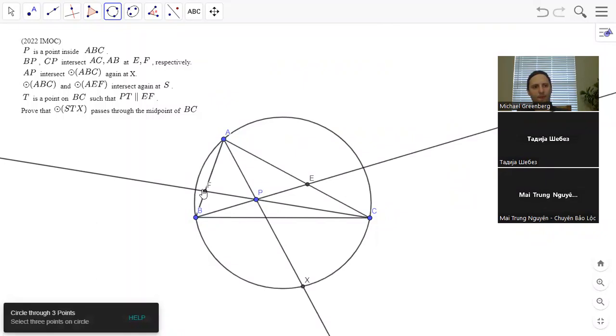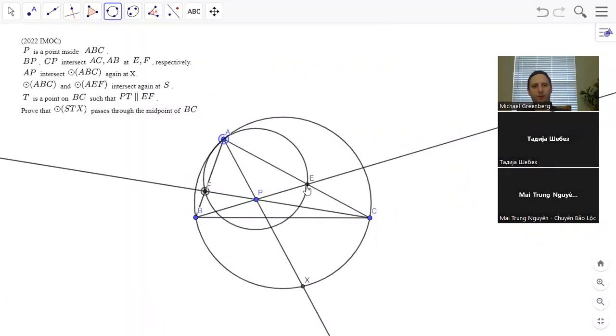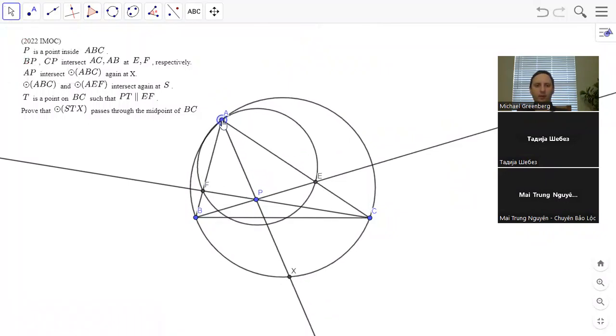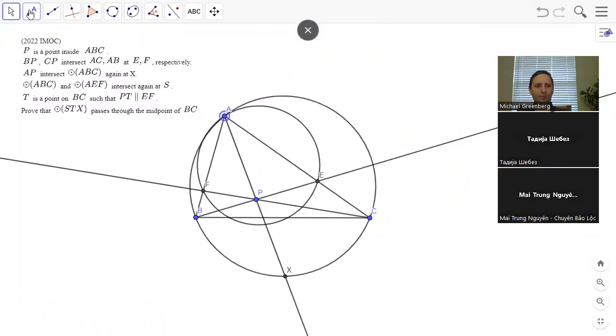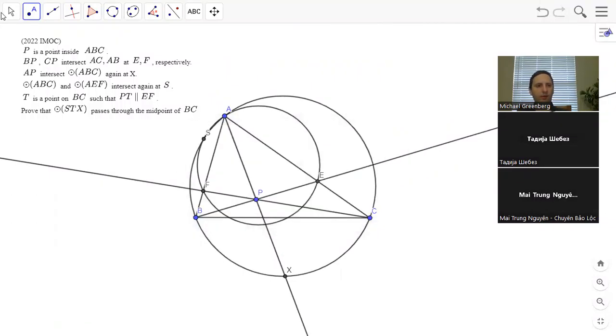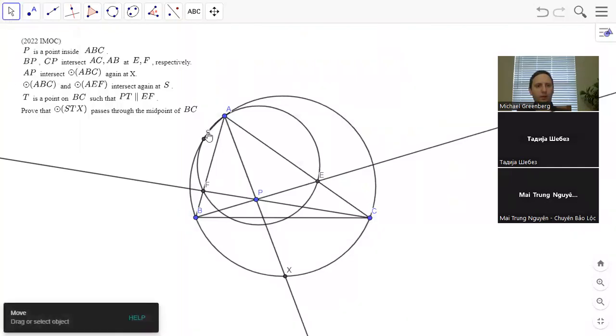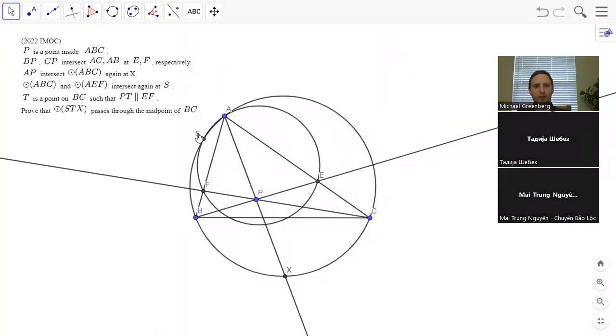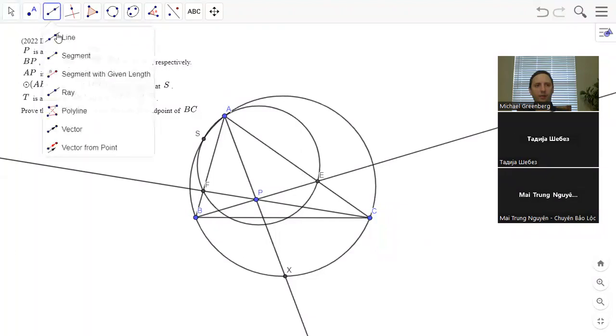So that gives us a spiral similarity. So SFE is similar to SBC. And P is on BC such that PT is parallel to EF.